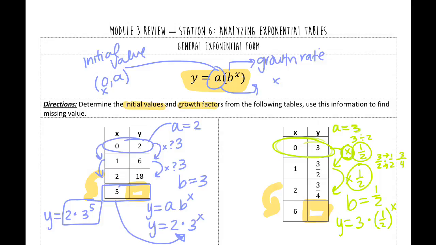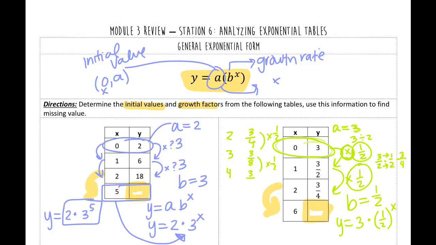So I could do, let's see, where's my pen? 2 is 3/4. 3, I'd multiply by 1/2. That would give me 3/8. 4, I'd multiply by 1/2.